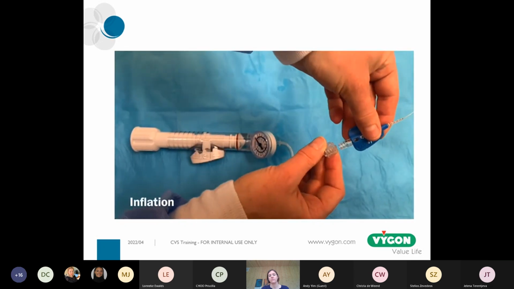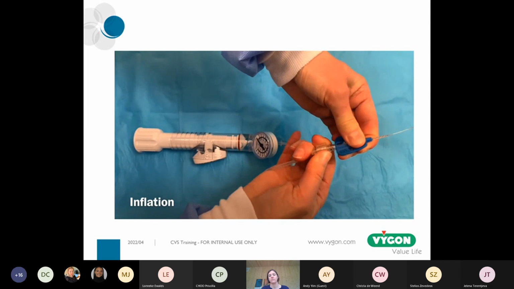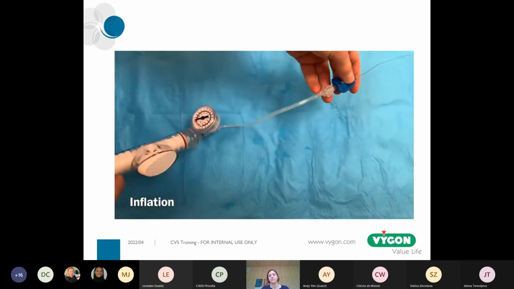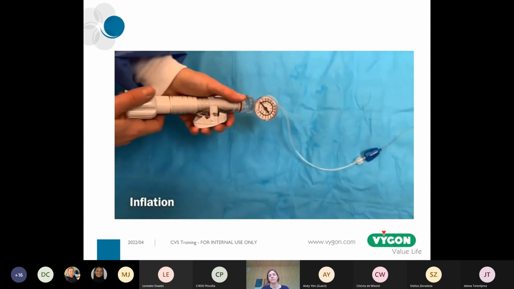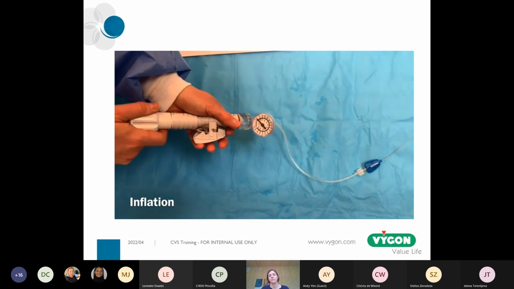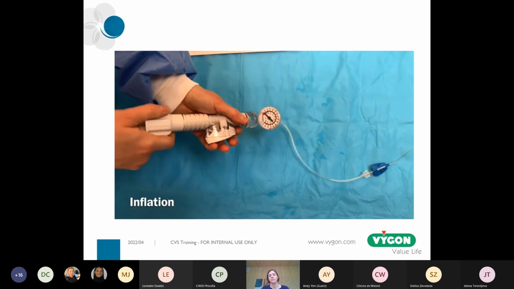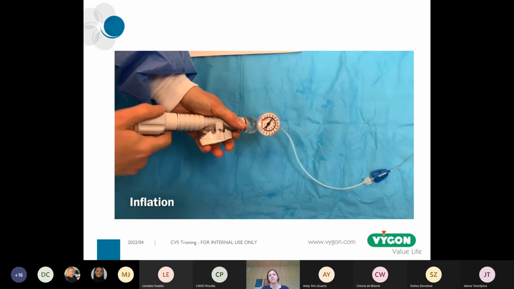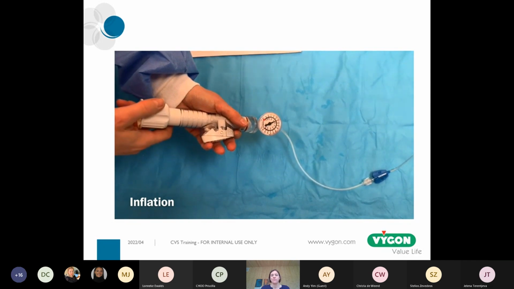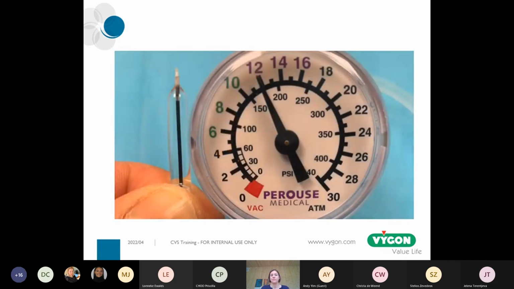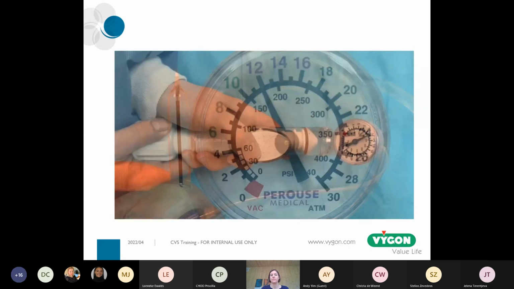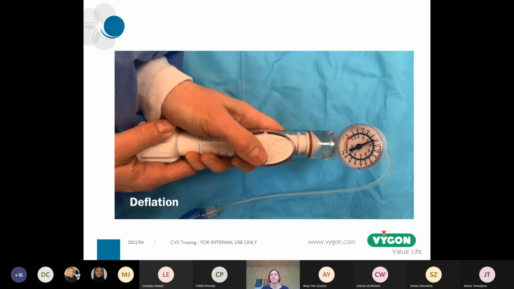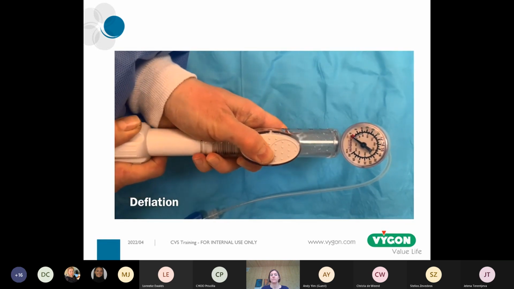First, connect the Flamingo to the balloon catheter. Then, orientate the device downward and inflate the balloon by turning the handle. Unlock the device. Pull the handle towards you to deflate the balloon.